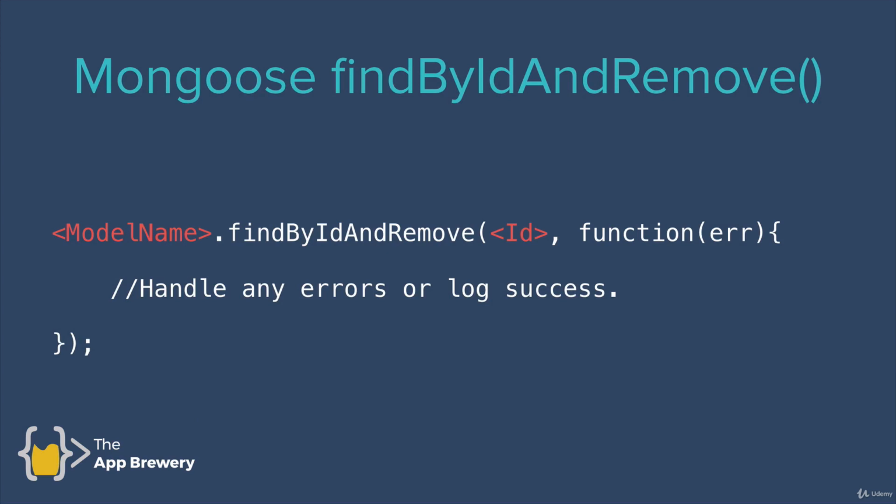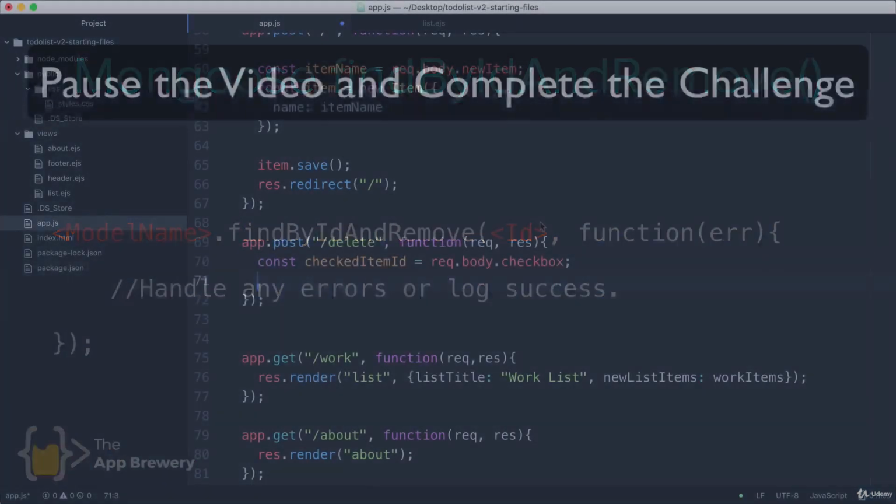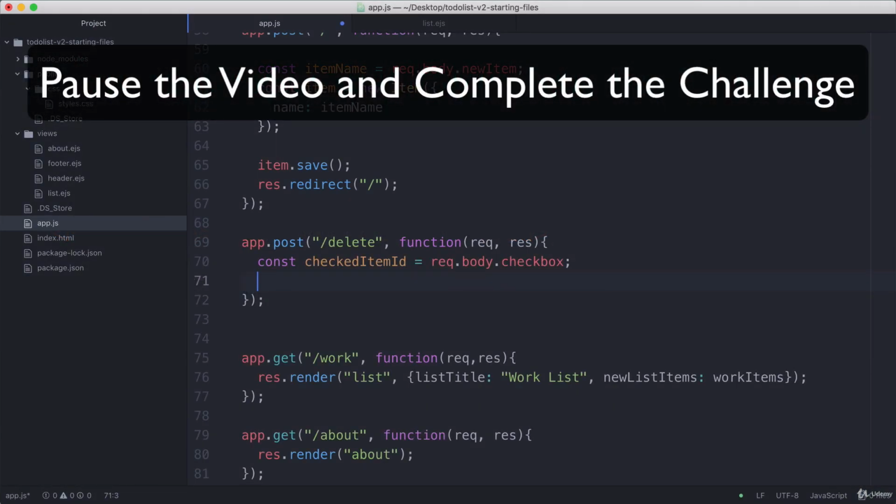Again, as a reminder, in the Mongoose documentation, you can find a method called find by ID and remove, which seems pretty much like what we need to do. So in this case, we simply provide the ID as an argument, and then we have a callback to handle any errors or log success. And when this is executed, it should delete that document with that particular ID. Pause the video and try to complete the challenge.